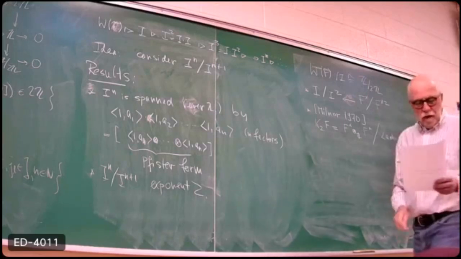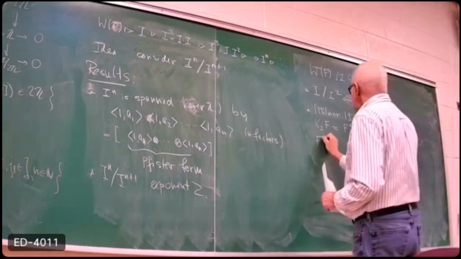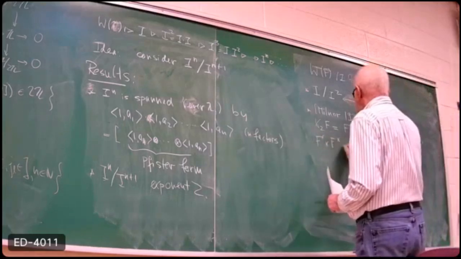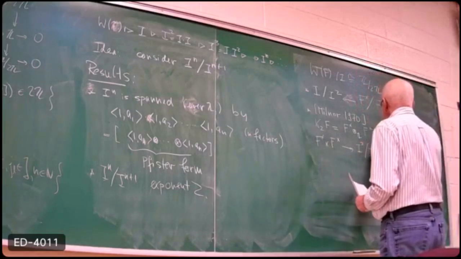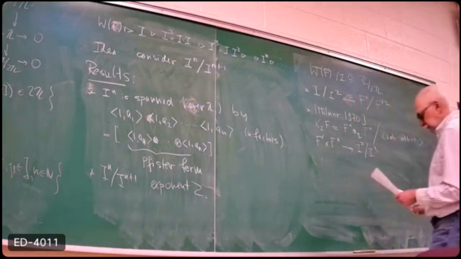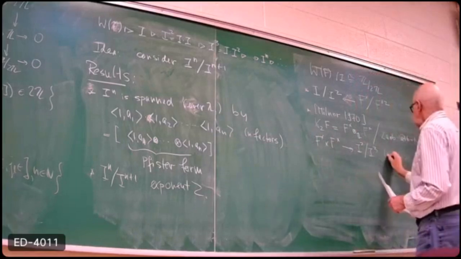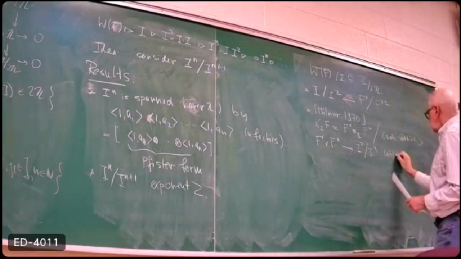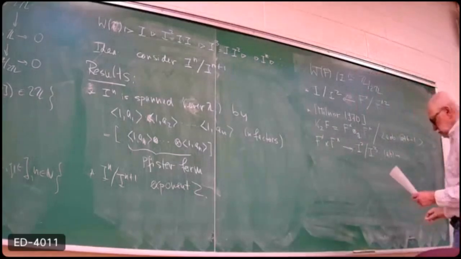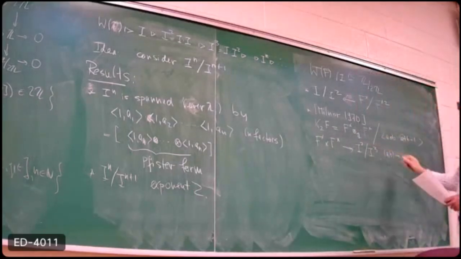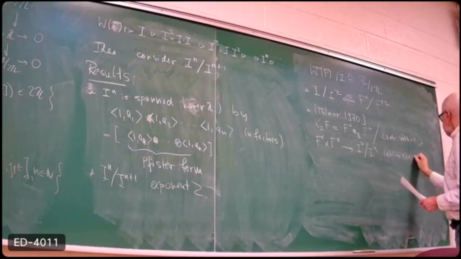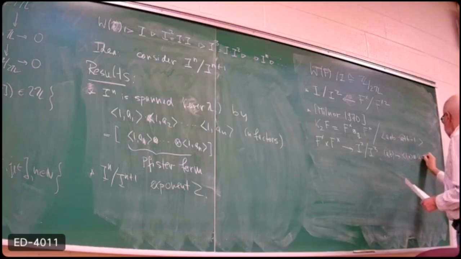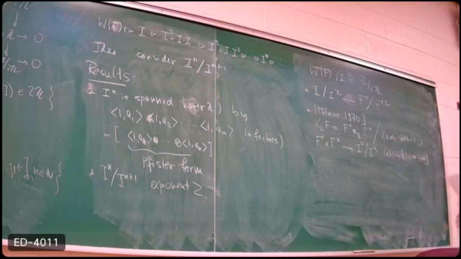Now you can define a map from FR to I2 modulo, extend A comma B. What I do is this: I take 1 comma A tensor product 1 comma B. Then I take this class.